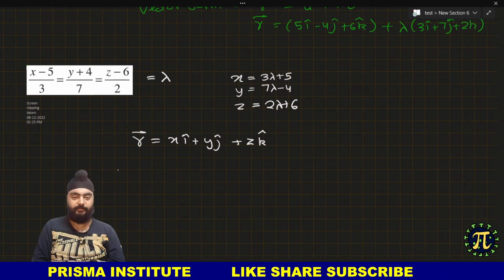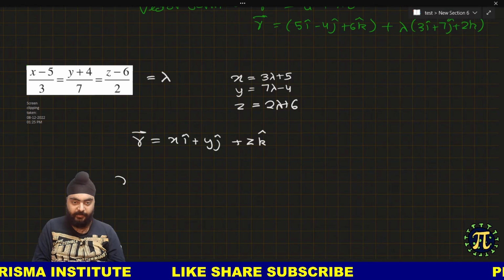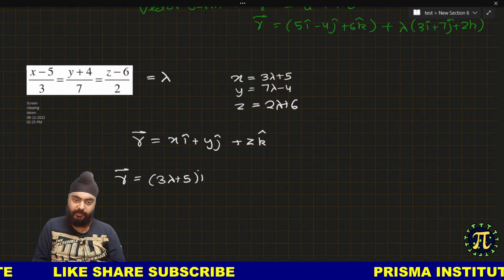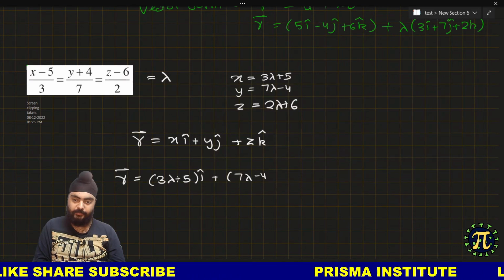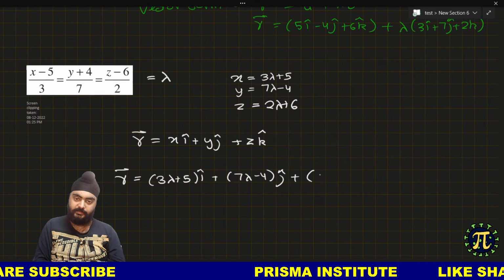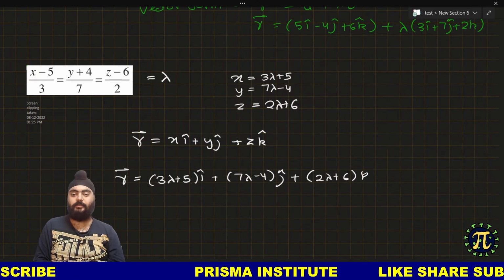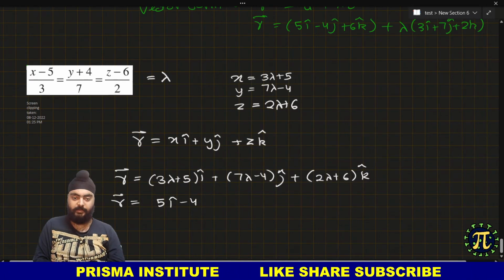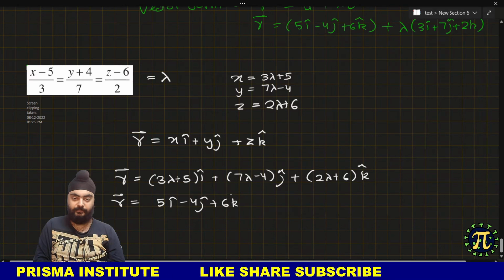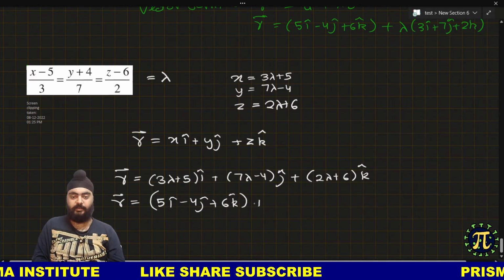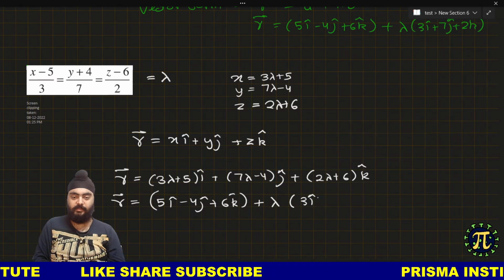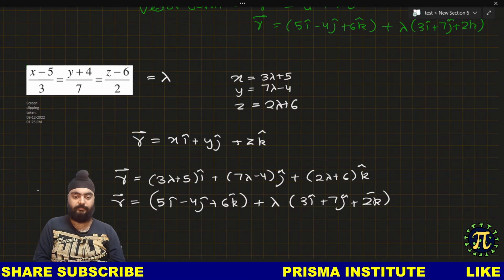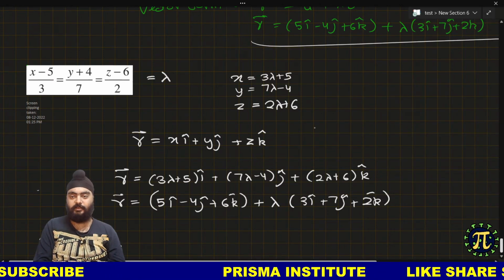Now I can just put the values in. r = x i + y j + z k, so (3 lambda + 5)i + (7 lambda − 4)j + (2 lambda + 6)k. I write the terms without lambda first, 5i − 4j + 6k, in a bracket, then the lambda terms, 3i + 7j + 2k, and this is the vector form. You can see this result and the earlier result are the same.